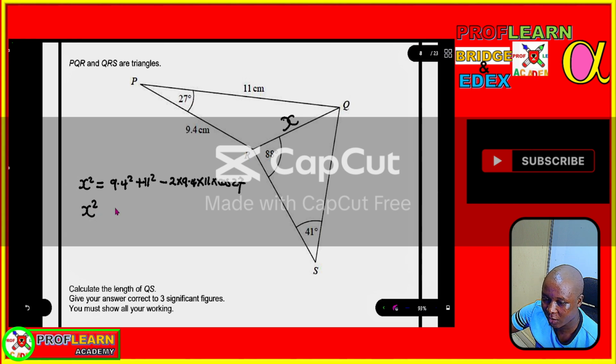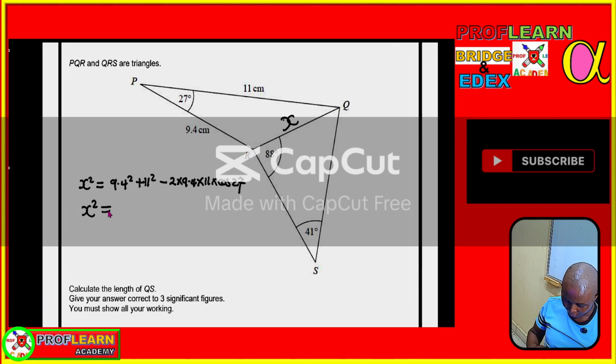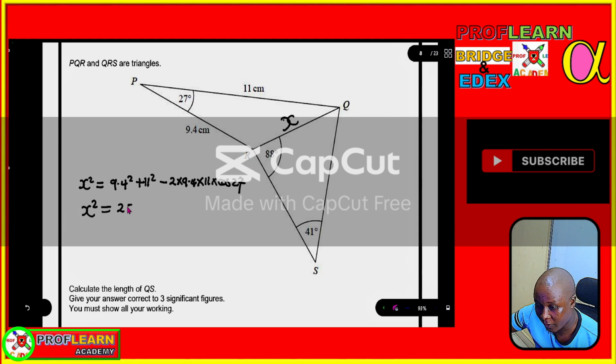So I will have x squared is equal to, so let me put everything in the calculator. 9.4 squared plus 11 squared minus 2 times 9.4 times 11 times the cosine of the angle, which is 27. If we work it out, we're going to get 25.0999.